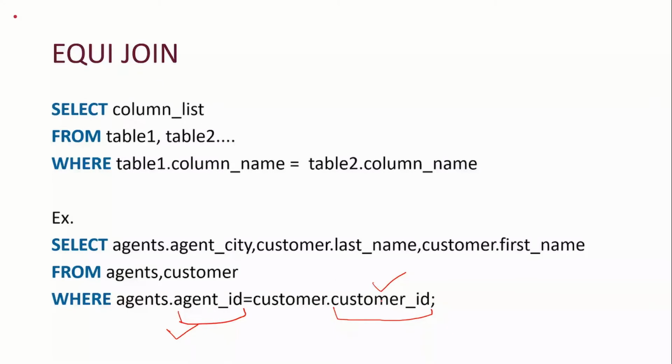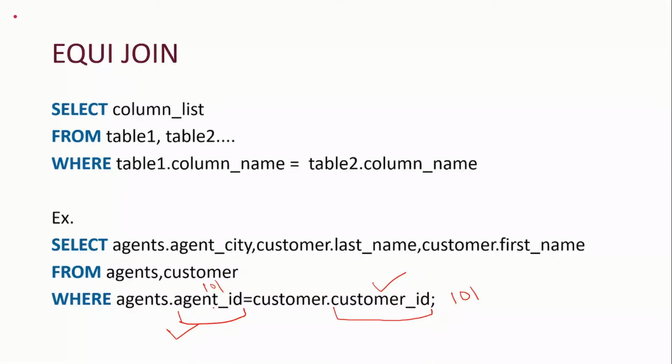And we are going to compare whether both IDs are equal or not. It means they are going to contain the same data. For example, here customer ID is 101, here agent ID is also 101, but the column head is different. Data is the same, but the column head is different. Then in that case, we can use the equi-join.